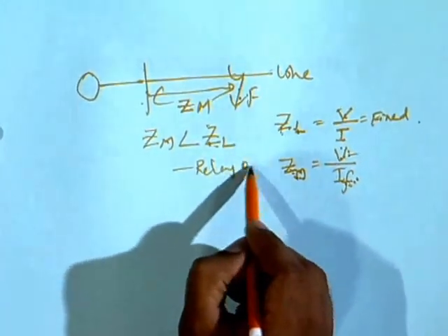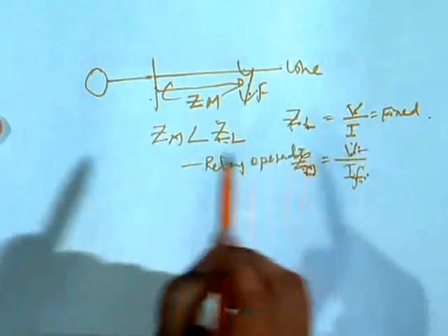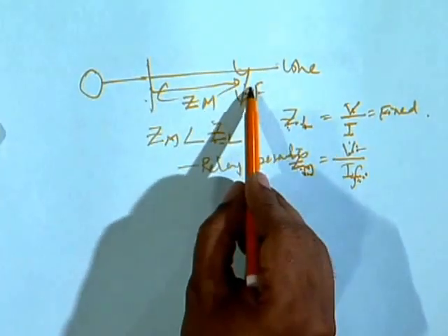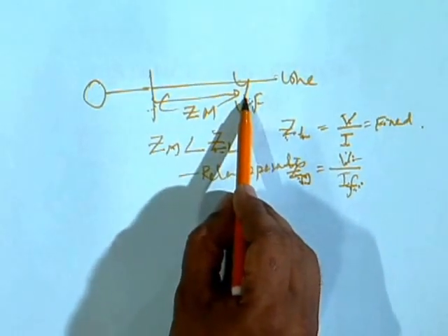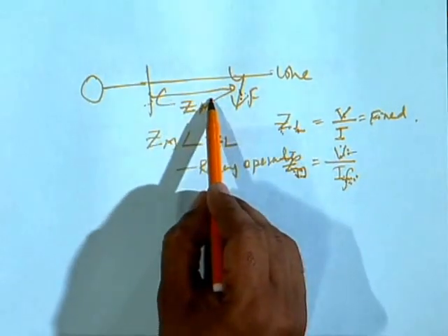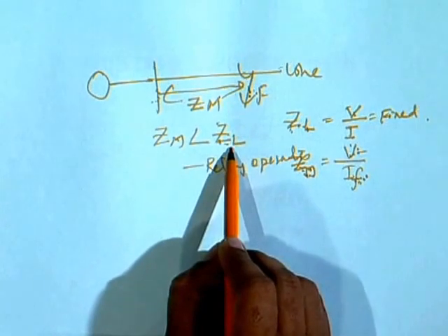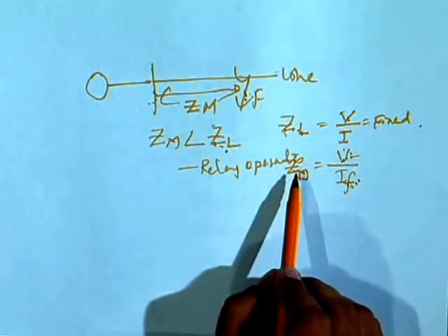So what does it mean? It means that if the measured impedance during the fault, up to the fault distance, is less than the predetermined impedance, then the relay will operate. That is called distance protection.